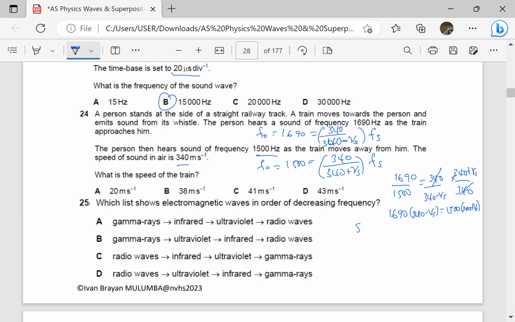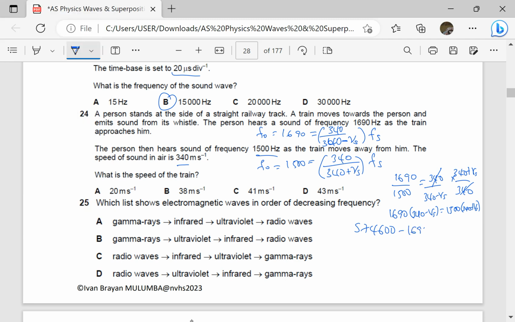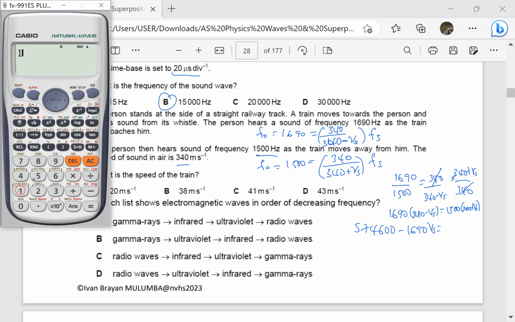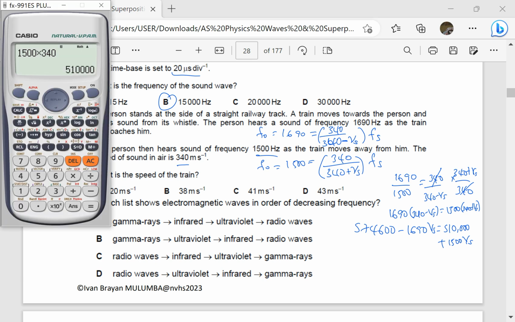So that is 574,600 minus 1690 Vs equals 1500 times 340, which is 510,000, plus 1500 Vs. I'm doing all this for PCB students, but this would be very easy.